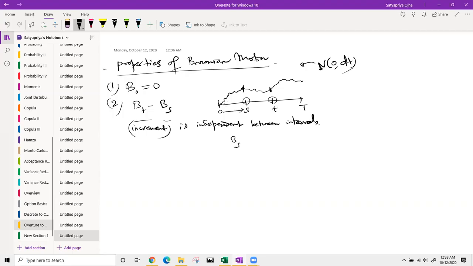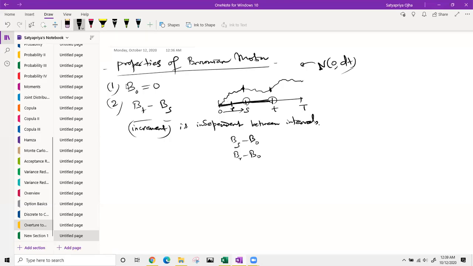That is Bs minus B0. What is the increment between 0 to any other time, maybe r? So Br minus B0. This increment is completely independent of this increment, and this increment is completely independent of these previous two increments. As long as you have an exclusive time interval, what happens in one particular time interval is completely independent of what happens in other time interval.